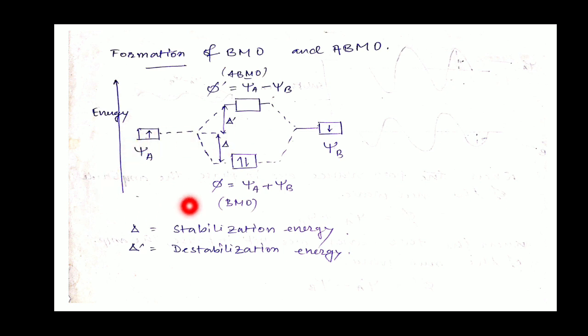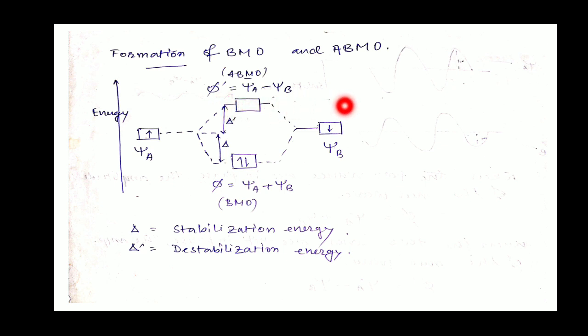See these dotted lines: the energy of the BMO is less than that of the atomic orbitals, and this part, delta, is called stabilization energy, and this part, from the atomic orbitals to ABMO, is called destabilization energy.